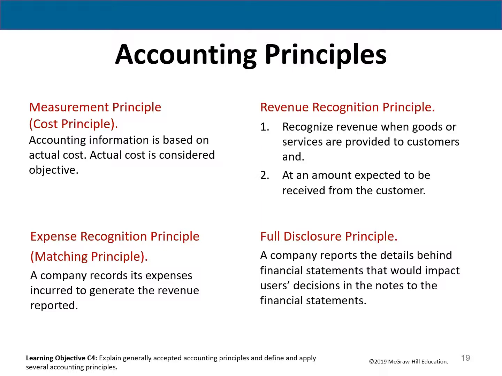In the United States, accounting information is recorded based on what we pay for something. And then we just leave it at that amount in our accounting records while we own it. We don't increase its value for inflation or decrease its value for deflation. We don't increase its value if it goes up in value.